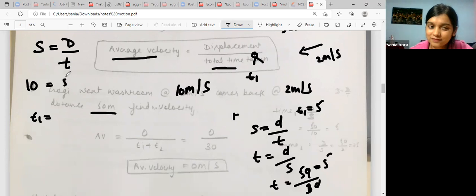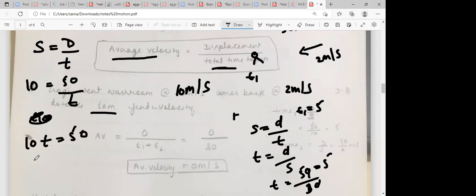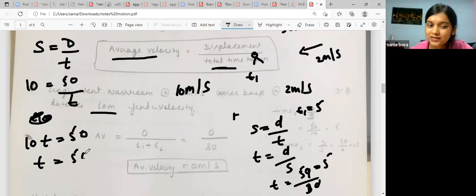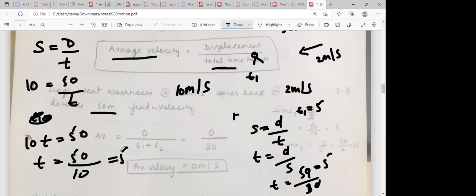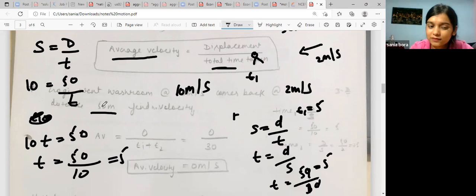So what did you write, Adil? Tell me. 10 plus 2. Is it like this, the way I am solving, or did you do something very unique? So why is your answer not 5?